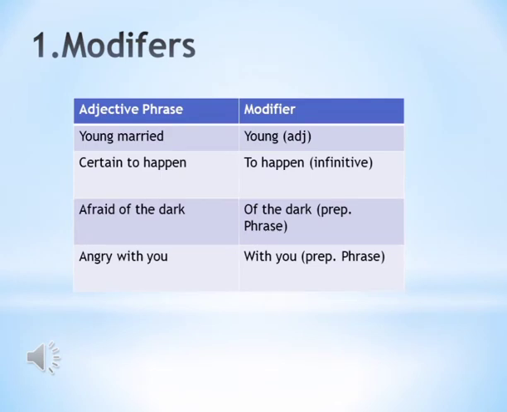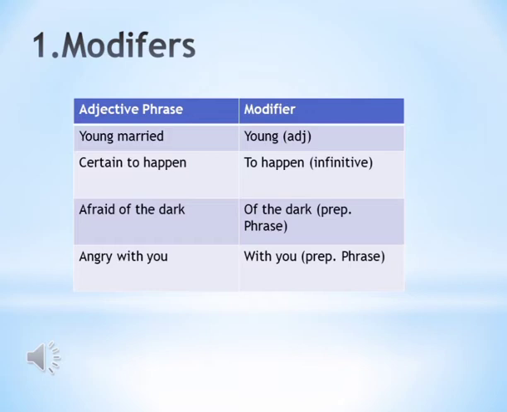Modifiers. A modifier is a word, phrase or clause that functions as an adjective or adverb. Modifiers may be before the adjective as premodifier or after the adjective as postmodifier. In the case of adjective phrases, generally the premodifier used is a simple adjective or a simple adverb, while the postmodifier can be either an infinitive or prepositional phrase.